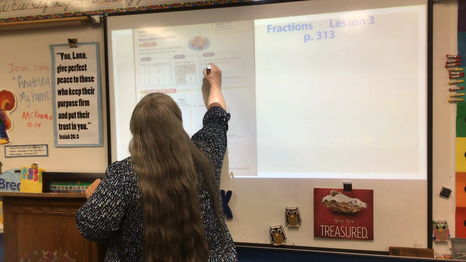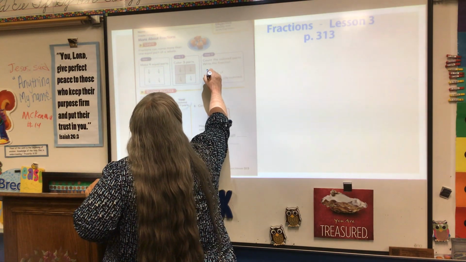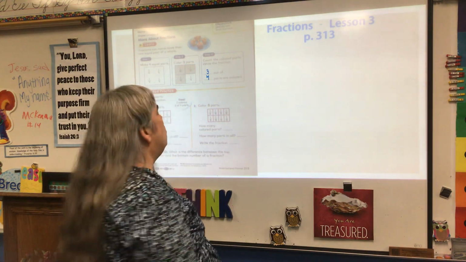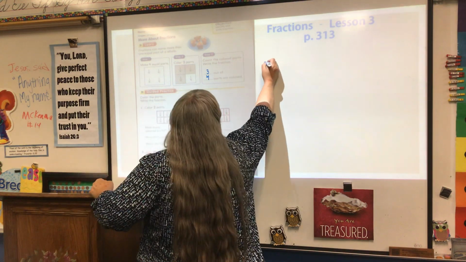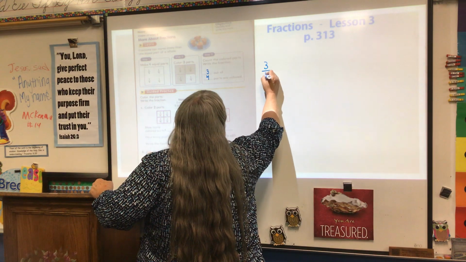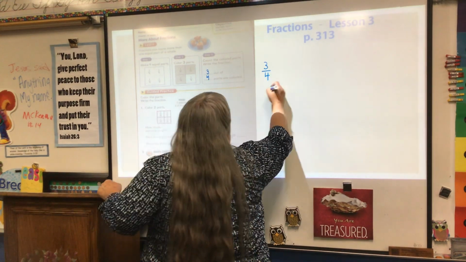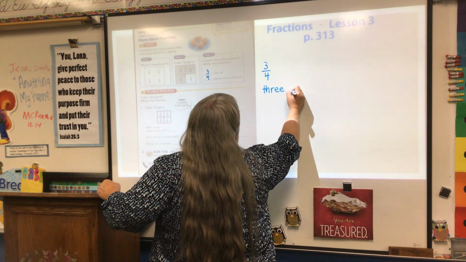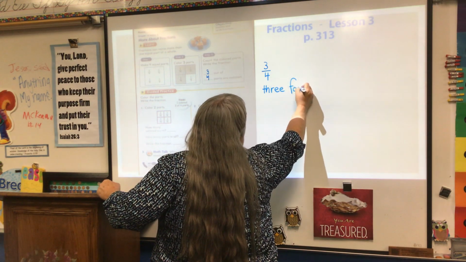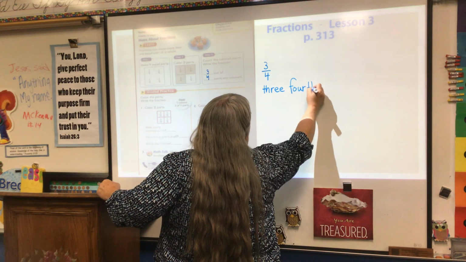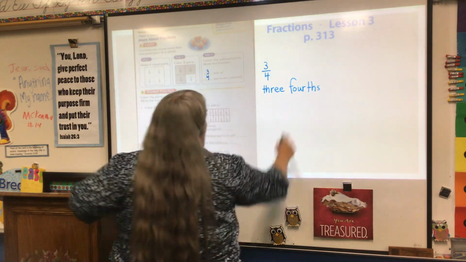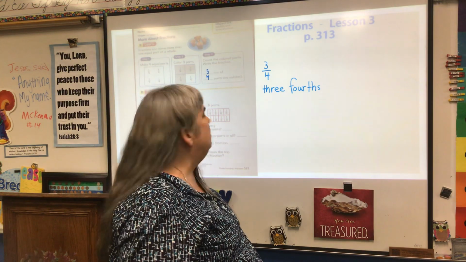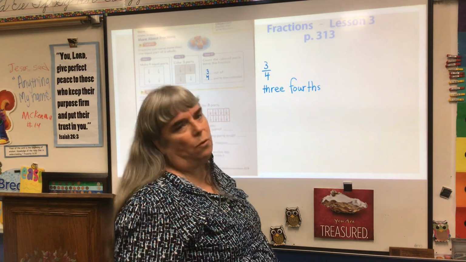So basically what it's saying is 3 out of 4 parts are colored. And what our fraction really looks like is that. And we call this 3/4. And I'm going to put the S on there because it's more than 1/4. So it's plural. It's 3/4.